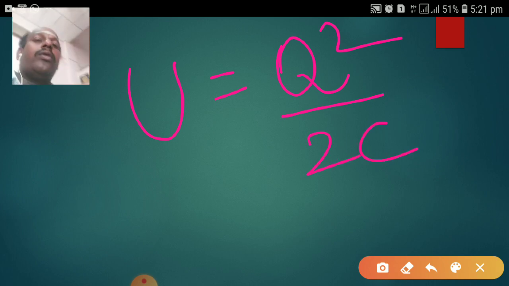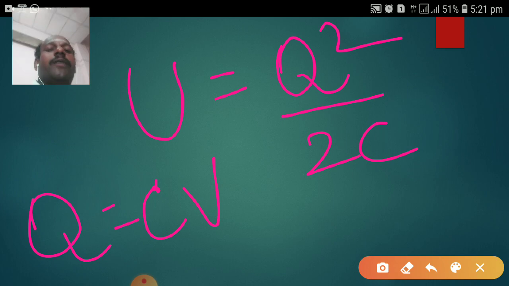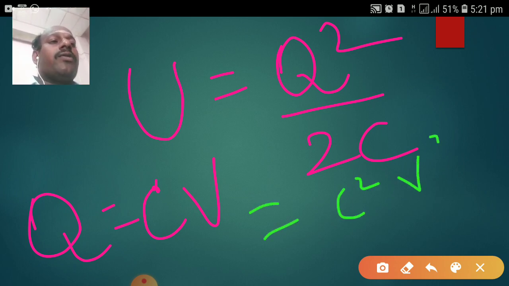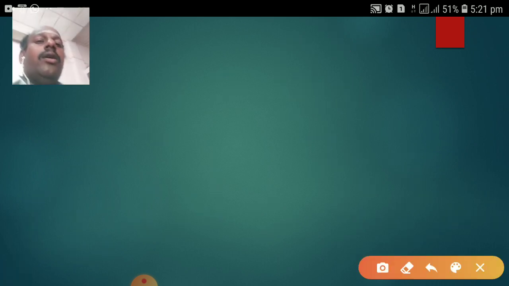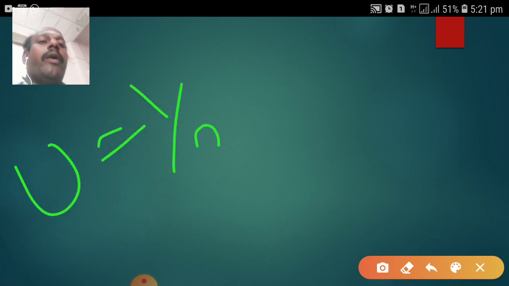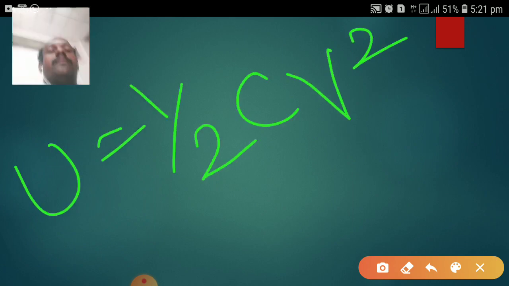So now U is equal to q squared by 2C, and once again I substitute q is equal to C into V. This becomes C squared V squared by 2C, so I can cancel one C. Finally, U will be equal to 1 by 2 CV squared.